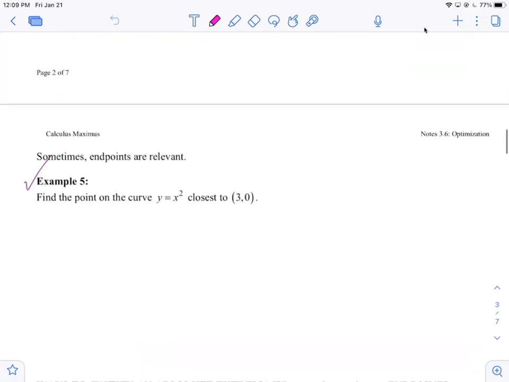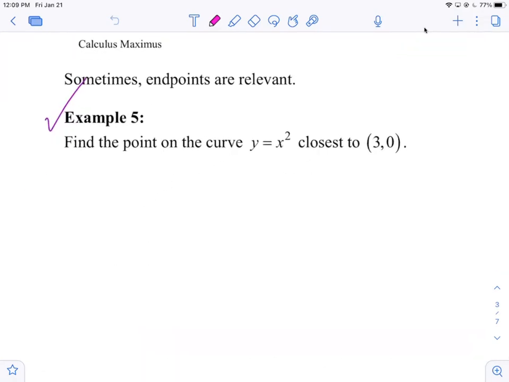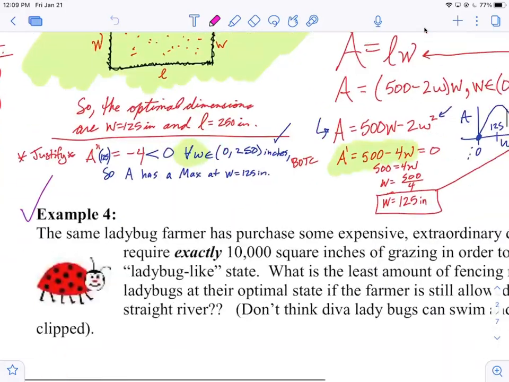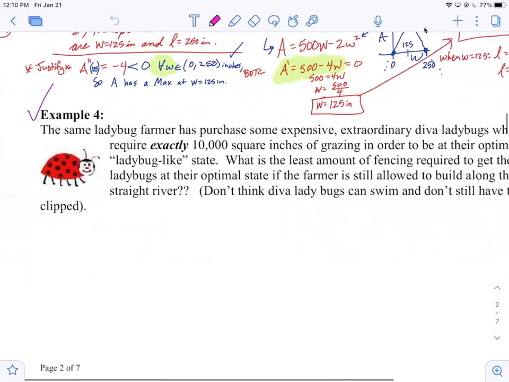So we're doing optimization. Optimization is nothing more than finding the absolute max or the absolute min in a word problem, okay? We get to write our own equations most of the time. So I did skip this one here, the ladybug farmer. We just kind of flip it on its end. Let me at least talk about example 4.